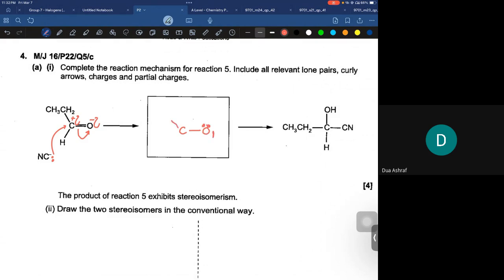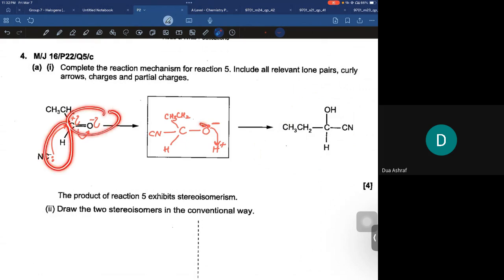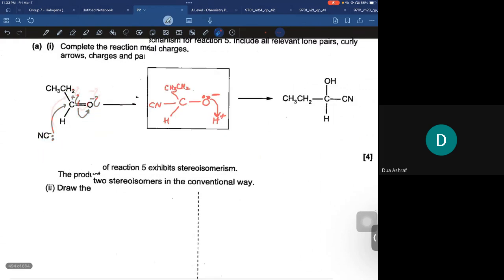Rest of the things are the same. This is H. The cyanide is attached. और ऑक्सीजन का चार्ज यहाँ बना देता हूँ. Then it's H positive and it's going to attack on this H positive and you will be getting your product. This is your mechanism in which I have included the curly arrows, the partial charges, and the lone pair. Okay, all are included in this reaction.